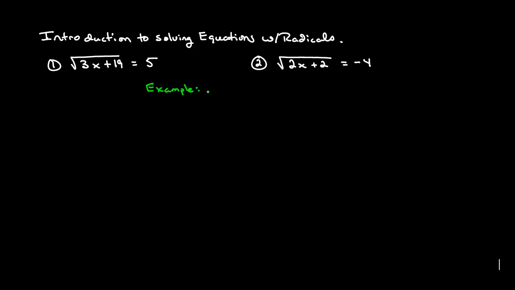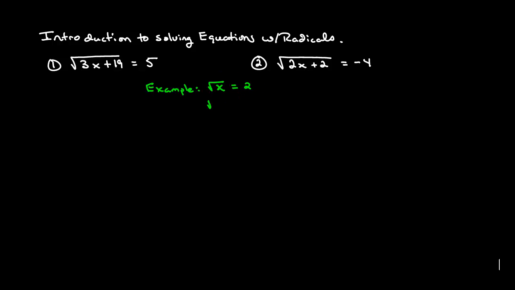Let's say we had something like the square root of x is equal to, I don't know, 2. Now the question is, what number can we plug in there? Well, if we square both sides, we don't lose our solutions. In fact, our solution is still in here. So watch.